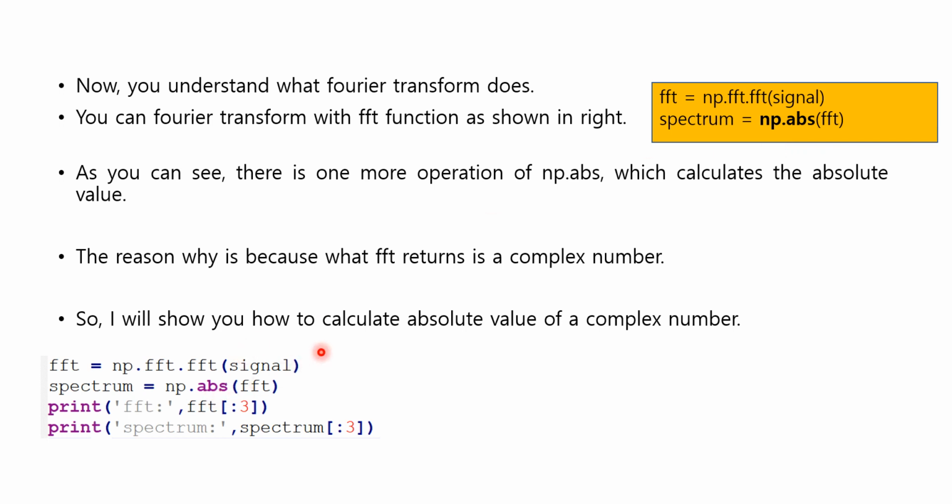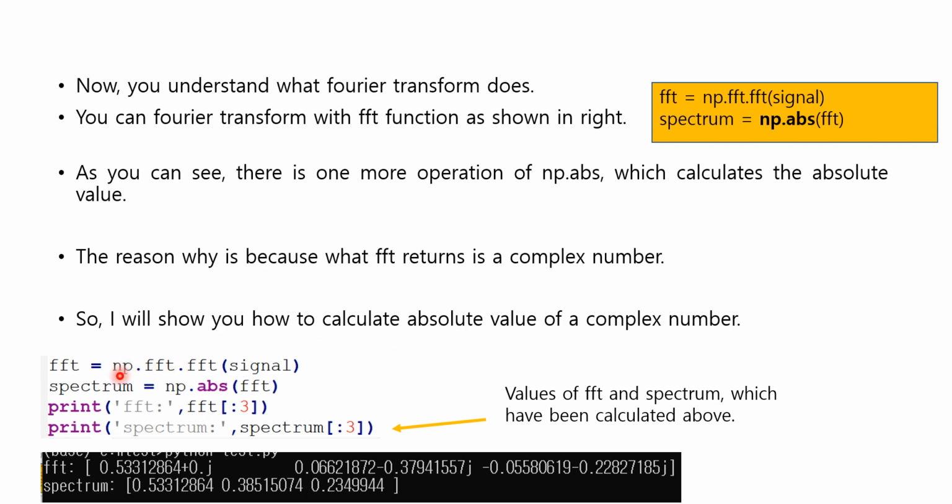If you check the values of the FFT up to 3 elements, you can see 0.533 and so on, plus 0.06 and so on, minus 0.379 and so on j. The spectrum, which is the absolute value calculated from the fast Fourier transform values, returns floating point real numbers.